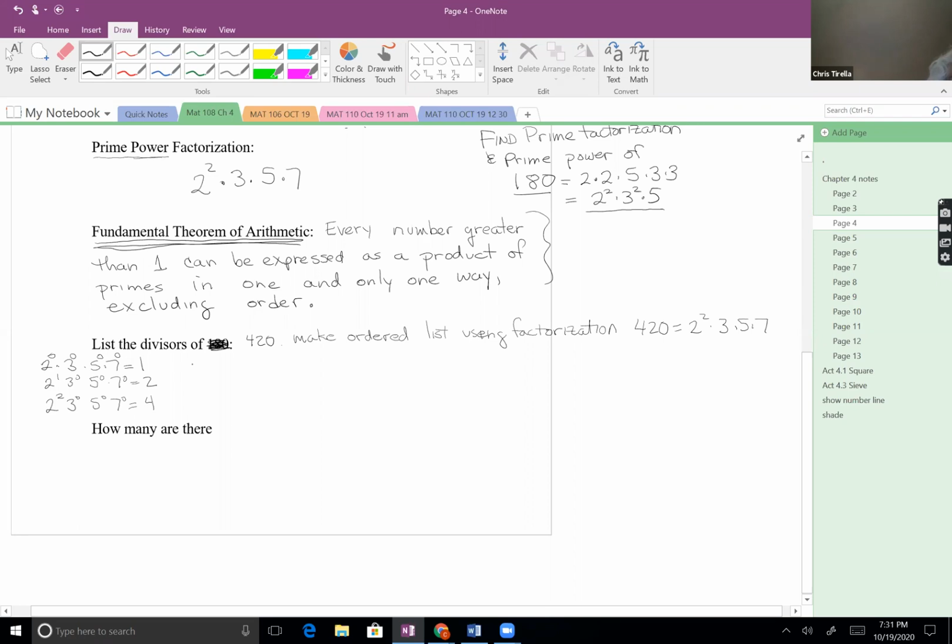Then 2 to the 0 times 3 to the 1 times 5 to the 0 times 7 to the 0, which would give me 3. 2 to the first, 3 to the first would give me 6. 2 to the second, 3 to the first would give me 12.